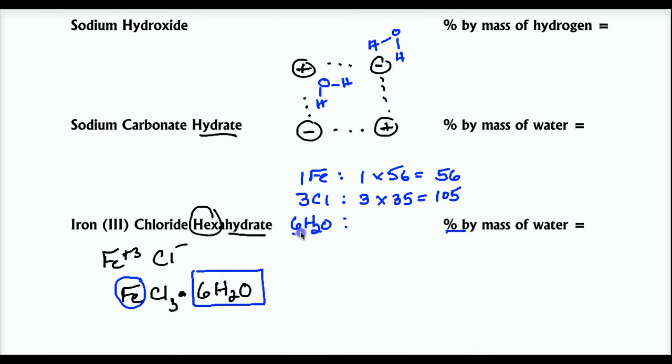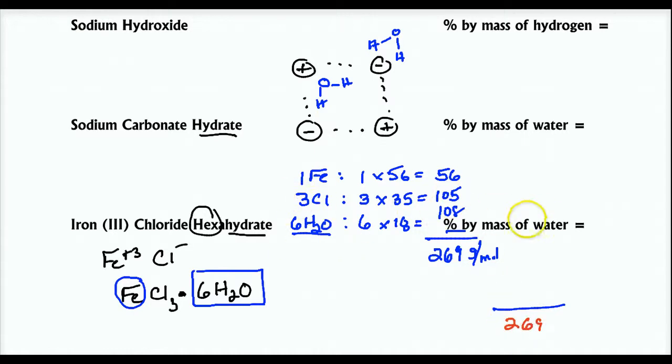So I have 6 waters. I keep them together. And I know the mass of 1 mole of water is 18. 16 plus 1 plus 1. So 6 times 18 is 108. And now I add these together. And what I'm going to have is the 269. So 269 grams per mole. And that's my total.